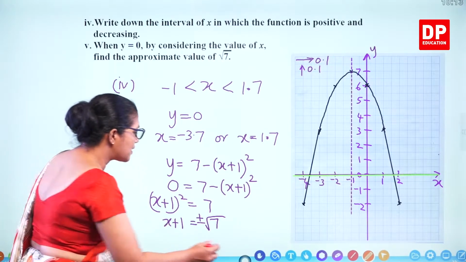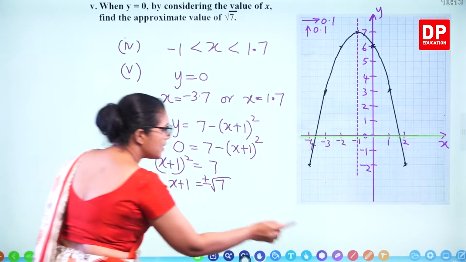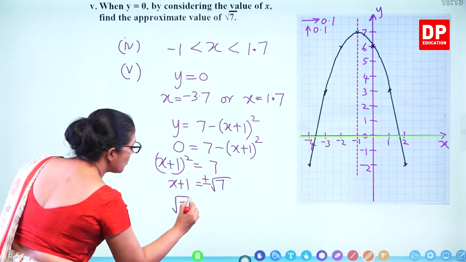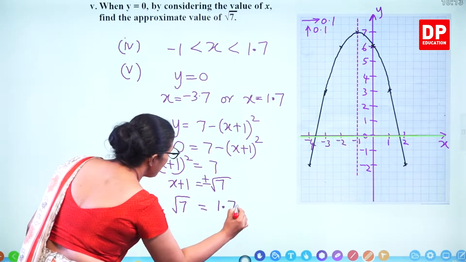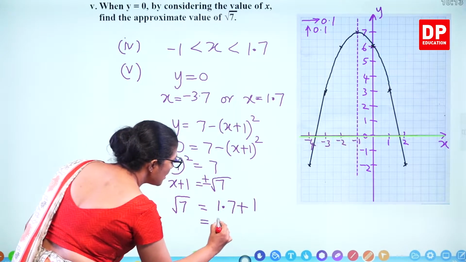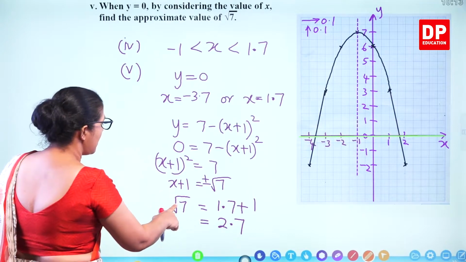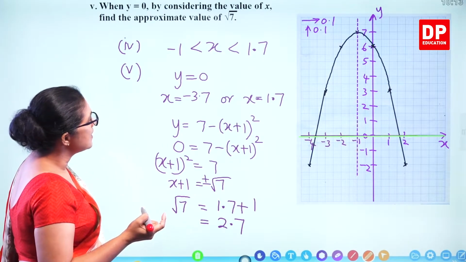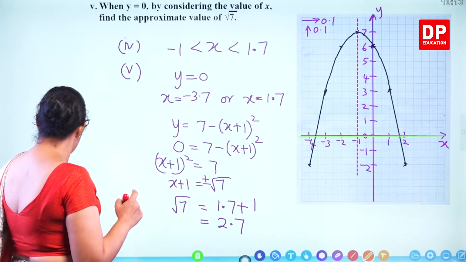So what's the root 7 value? Root 7 is equal to x, the plus value: 1.7 plus 1, you get 2.7. So that's the approximate answer for root 7, 2.7. So you can do that.